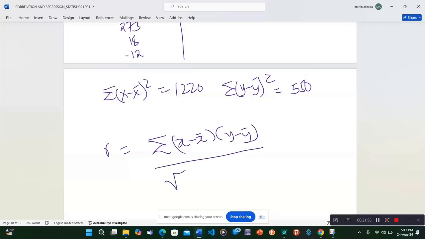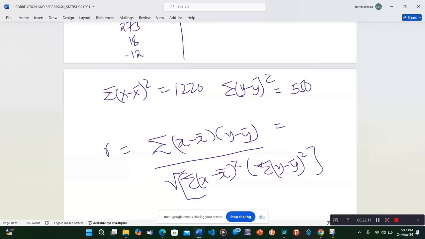sum of x minus x bar squared times sum of y minus y bar also squared. Remember, all of this is under root. So what are these values?